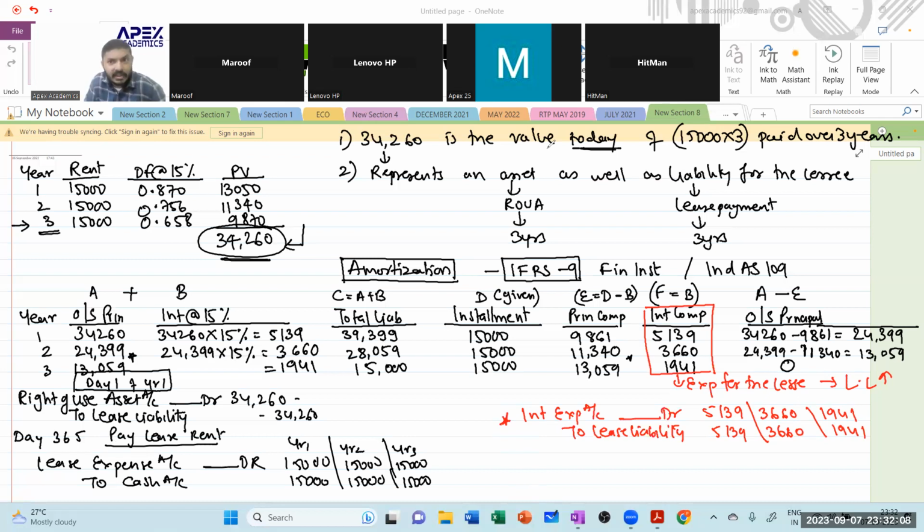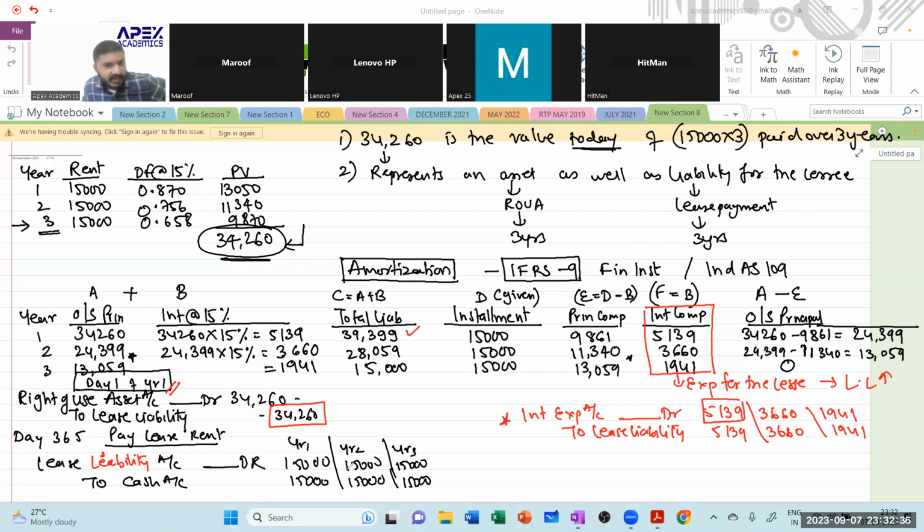Now to stay attuned with accounting, I am going to change this word with the word lease liability. Please understand that your lease liability at the beginning of year 1 was 34,260 plus 5,139.